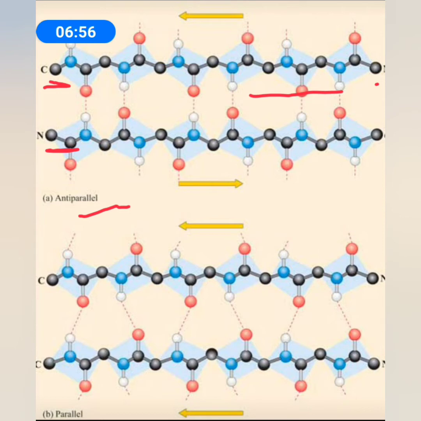Whereas in the figure below, these are parallel strands, because both start from the C terminal and end at the N terminal. So just remember that parallel strands have at least 3 to 15 strands arranged, whereas anti-parallel can have only 2 to 3 strands.